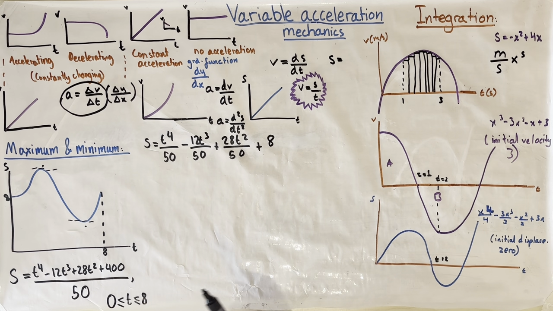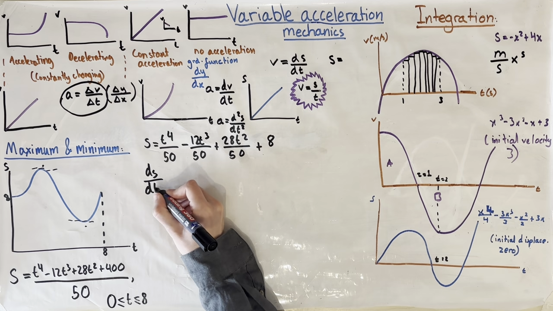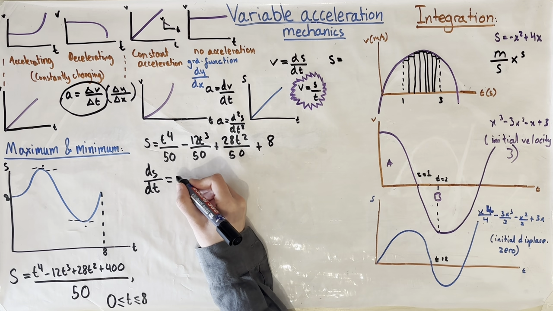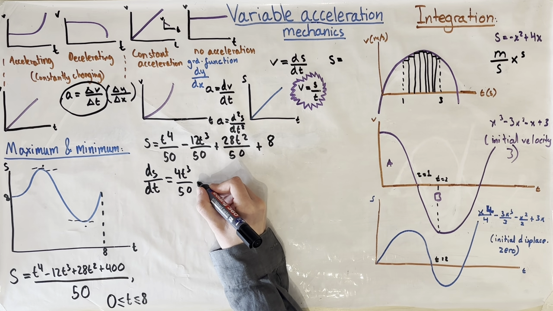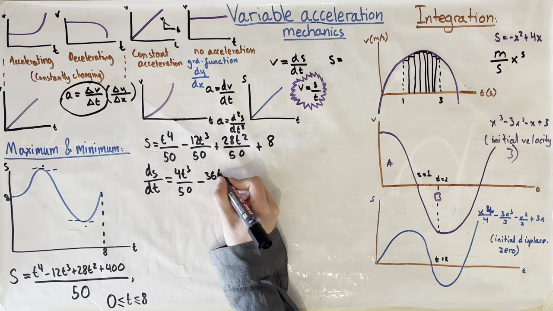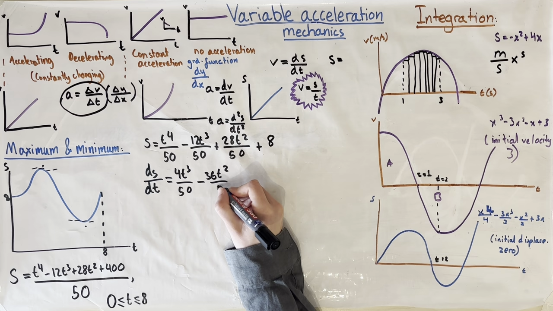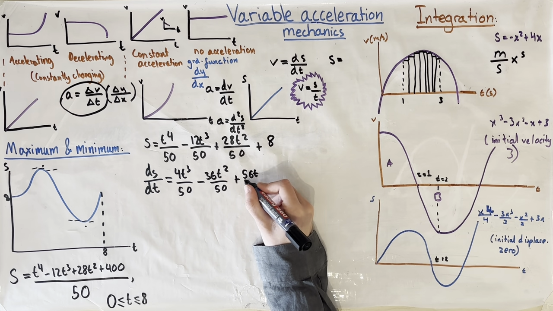Okay, so to find the maximum and minimum from this graph, we can do ds over dt, which gives us 4t to the power of 3 over 50 minus 336t squared over 50 plus 56t over 50.